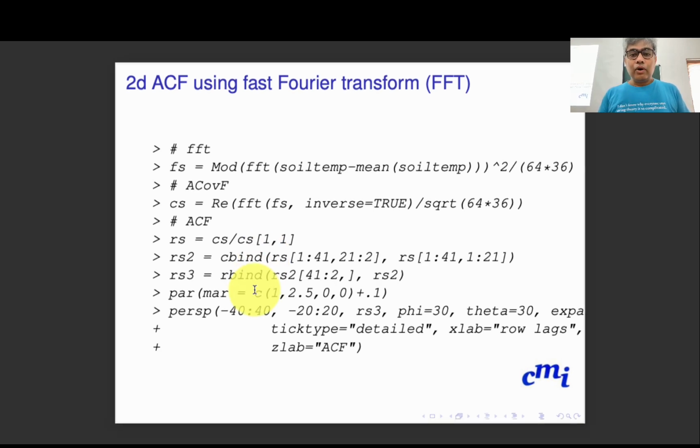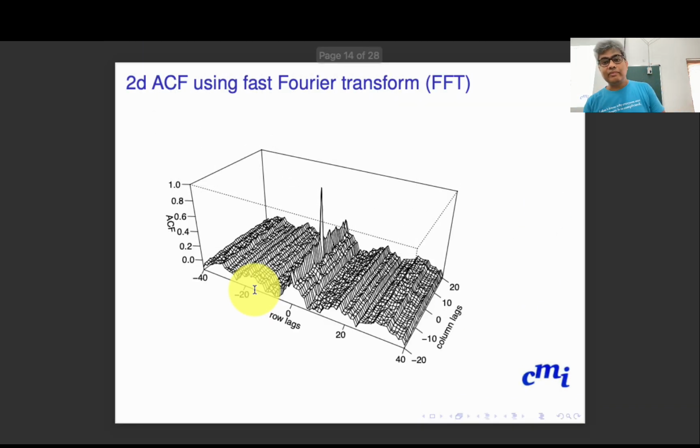And then if you plot them, you will get something like this, the autocorrelation function. But now the autocorrelation function is not a one-dimensional function, it's a surface, an autocorrelation surface.